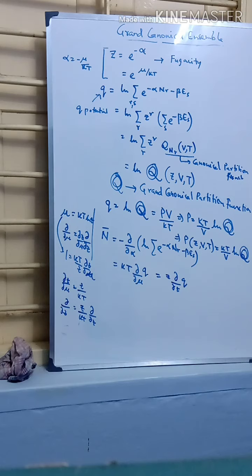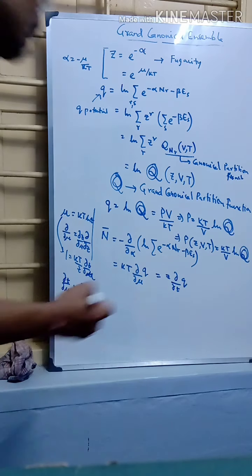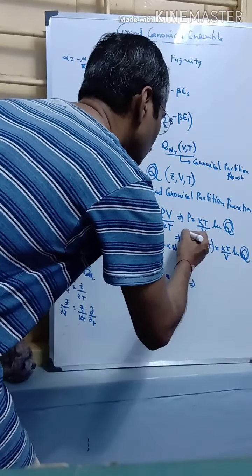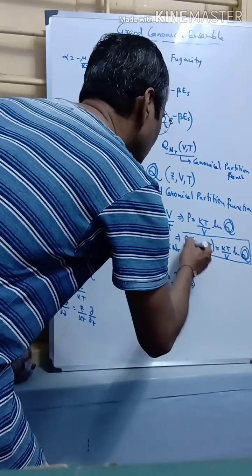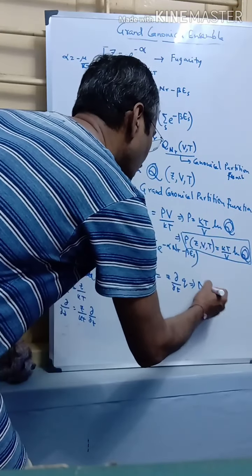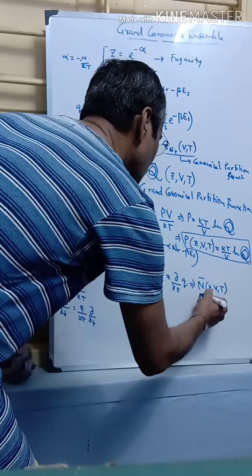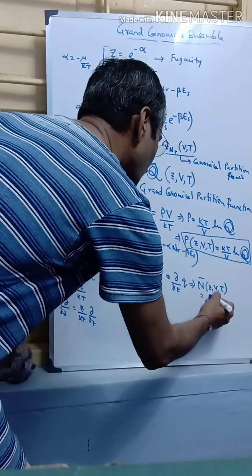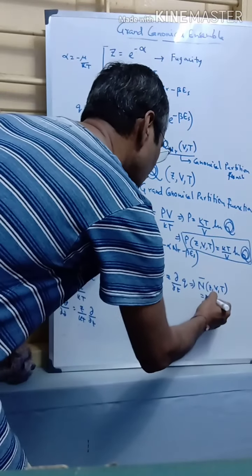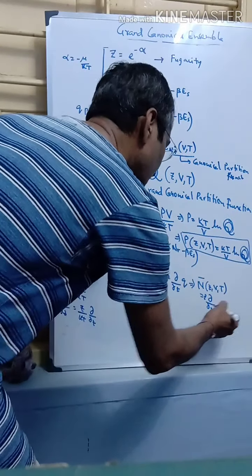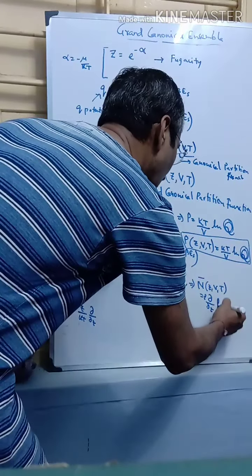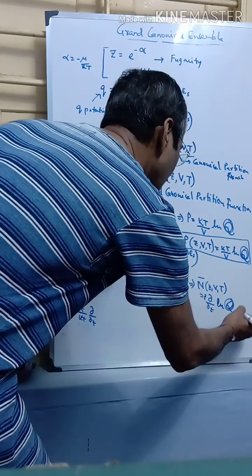So this is again the second prescription. The first prescription was for calculating the pressure. You can calculate the number density as a function of z, V, T to be equal to z del z of ln q.